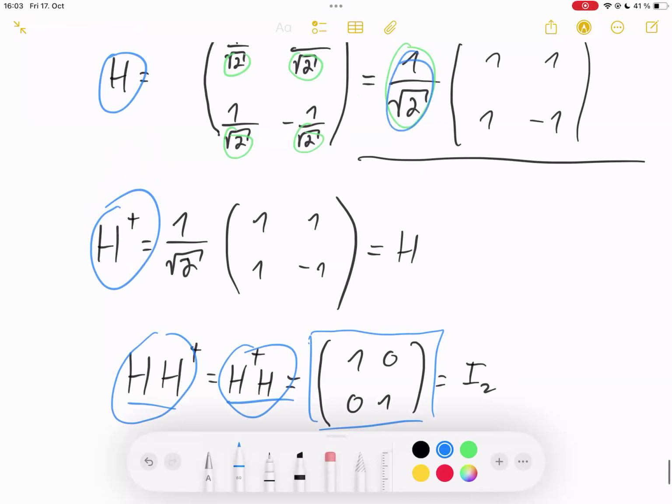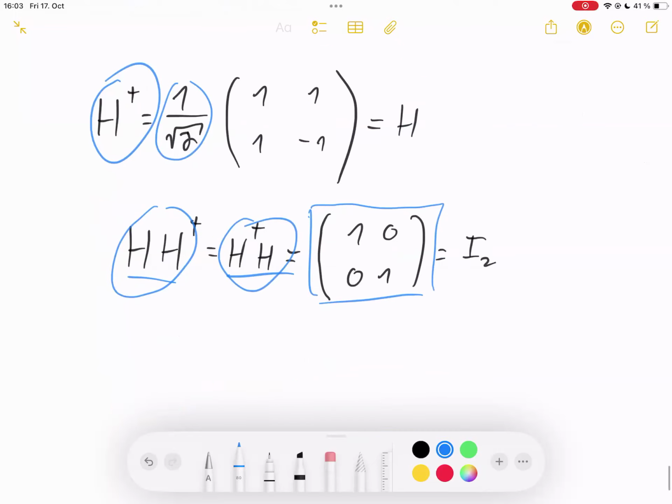Don't forget these normalizers. Don't just multiply the matrices, but also this scalar factor, and you will see you get the identity matrix. And in a few weeks' time, we will discuss in detail what the Hadamard matrix does and why it's so important to quantum computing.